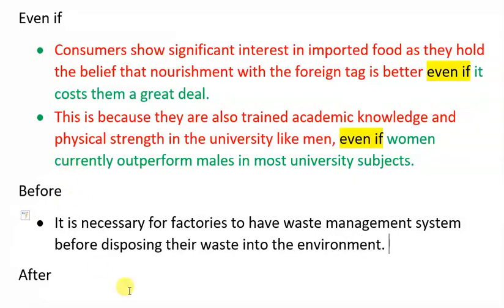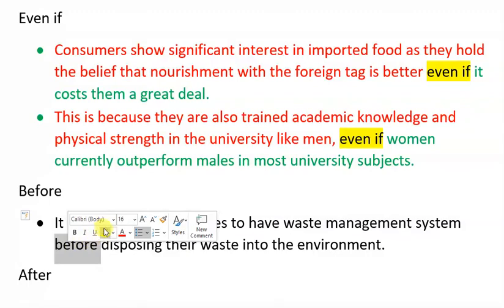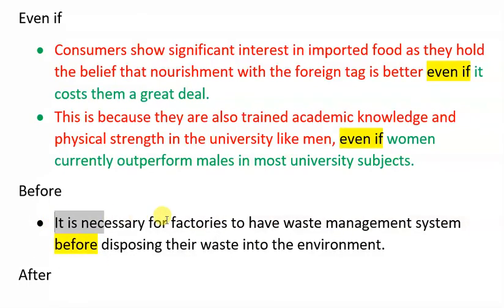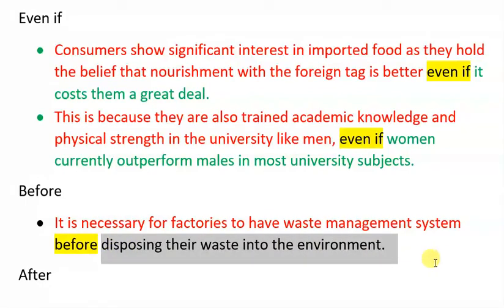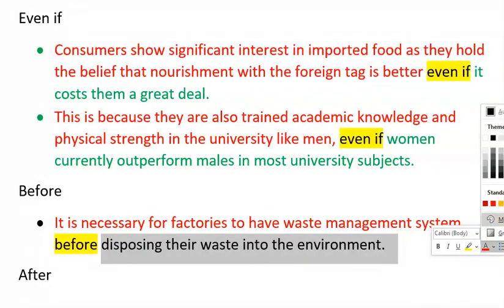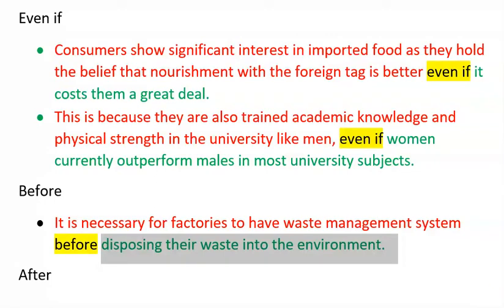Okay, so before is a conjunction, independent and dependent clause. ठीक है.